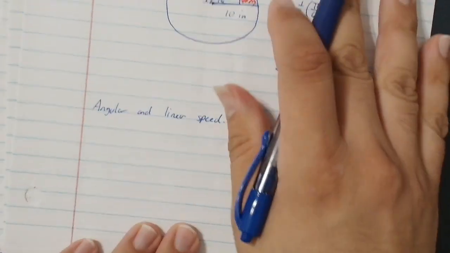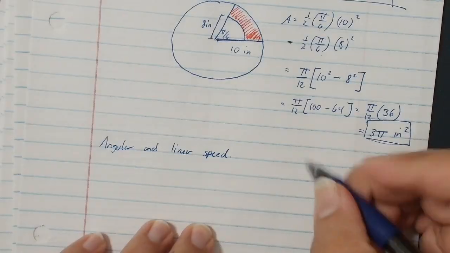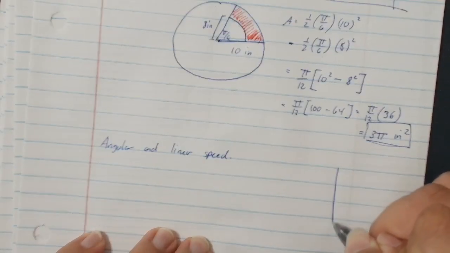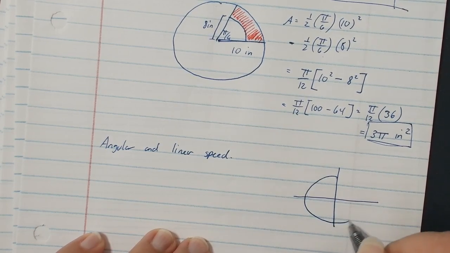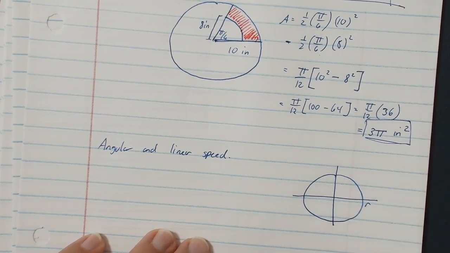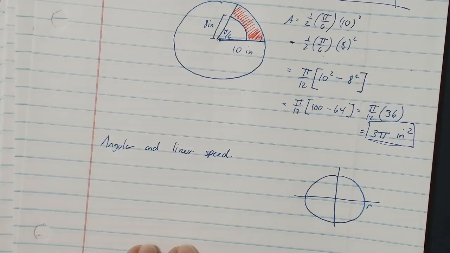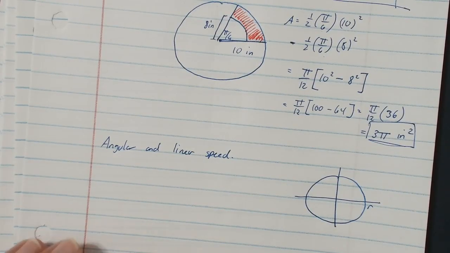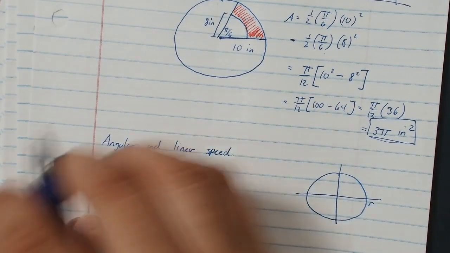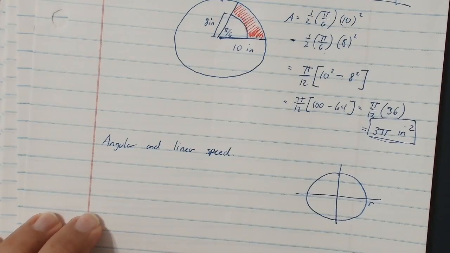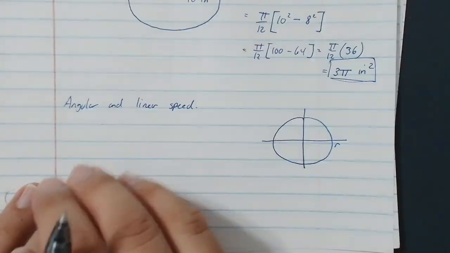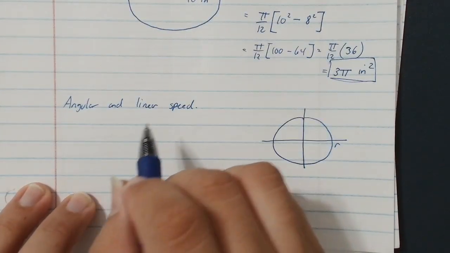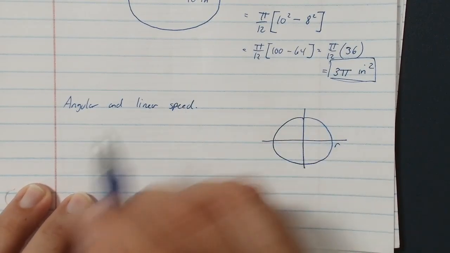Okay? So as a point moves along a circle that has a radius of r, the angular speed, the symbol for angular speed, is given by omega. Omega is just the Greek character. It looks a lot like the letter W, except it's more curly. If you want to use the letter W, that's fine if you're not used to writing this out, but formally it's the letter omega.